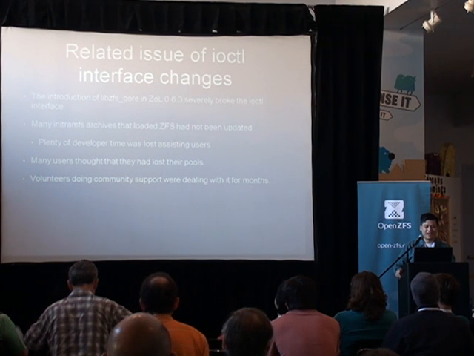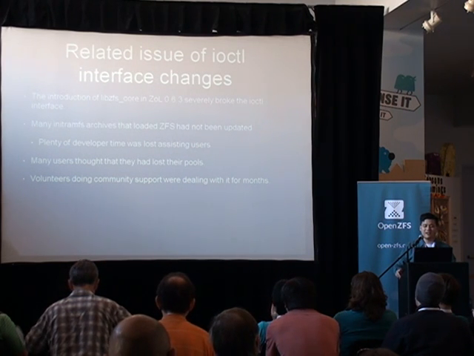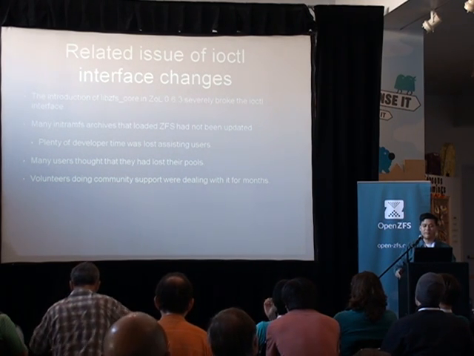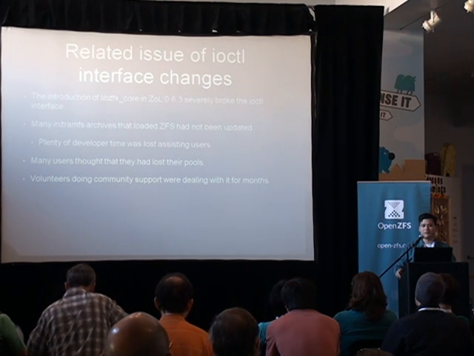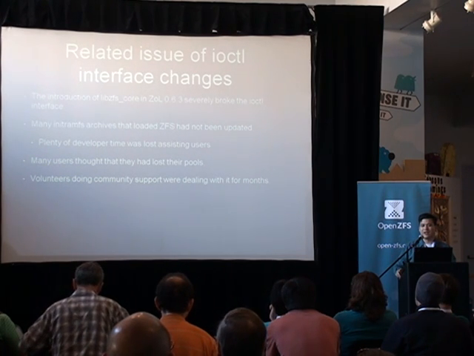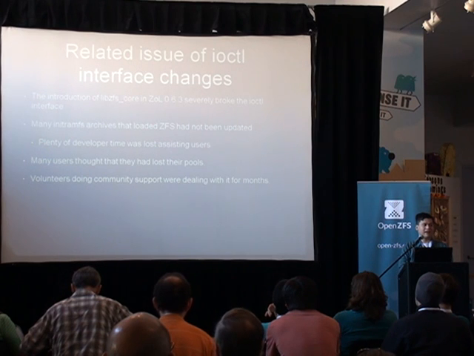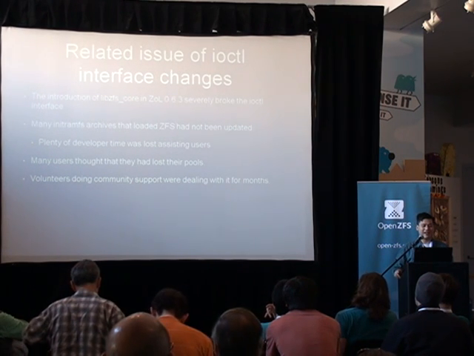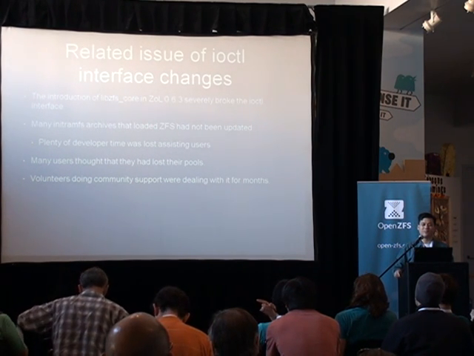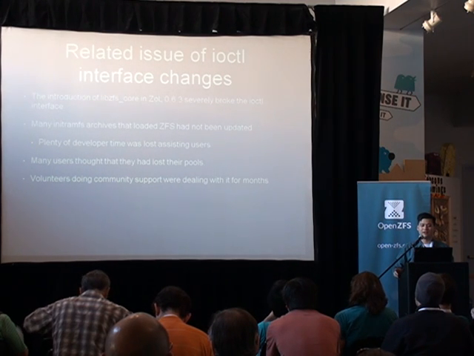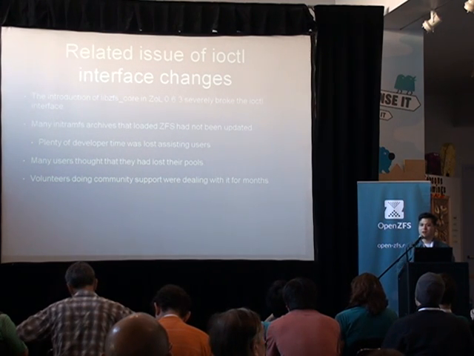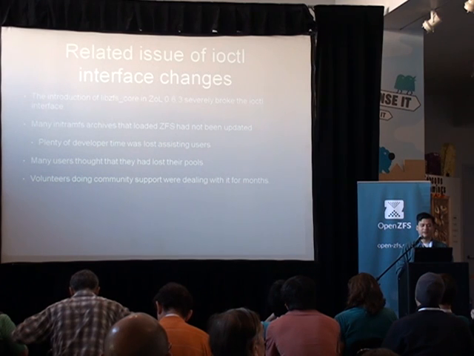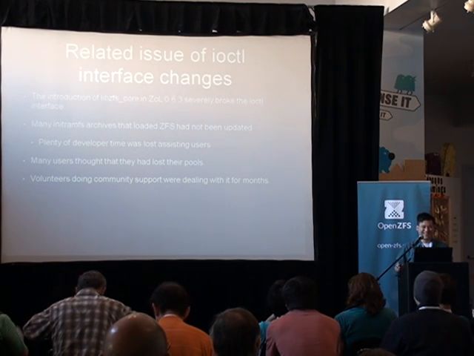But anyway, we weren't aware of how bad it would be when the ioctl interface broke until we actually had this release. And when it actually broke, things were far worse than we thought they would be. People had non-booting systems. In fact, I had non-booting systems.